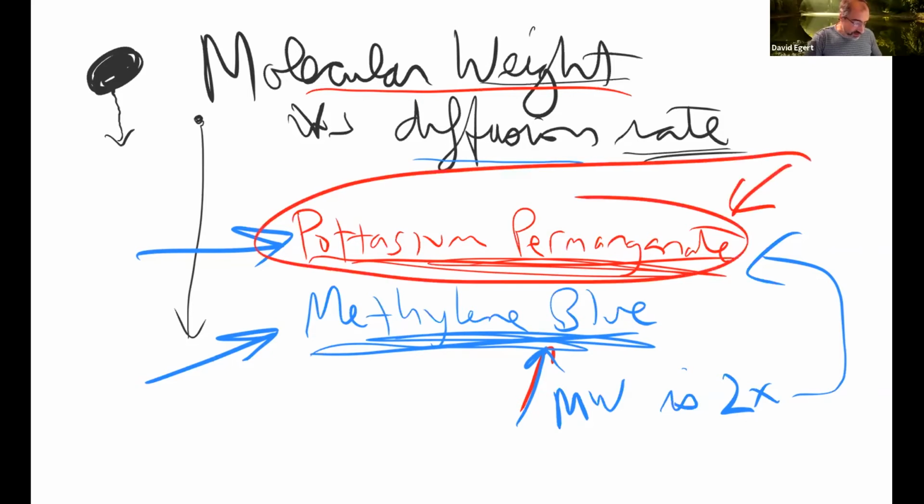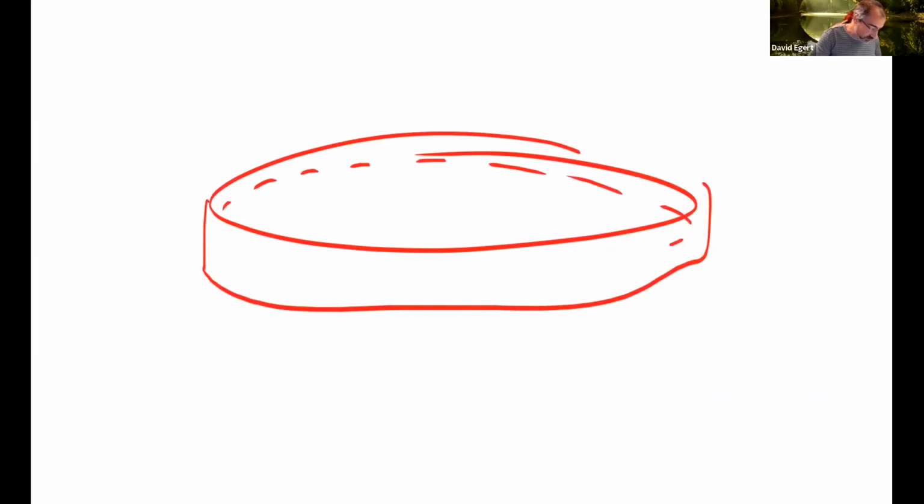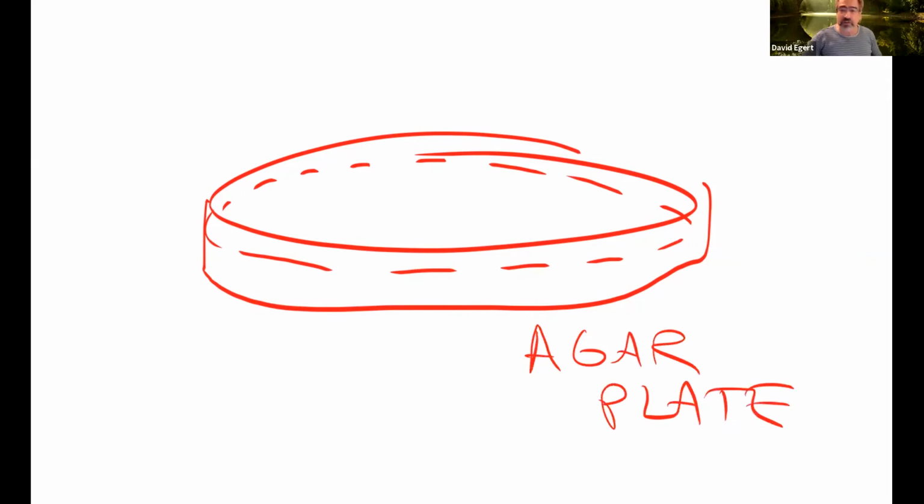Exactly. And the way we're going to look for this is we have a little agar plate. So most of you probably know what agar is. It's like Jello. And we're going to make a little well in the agar plate and then fill it with our dye.